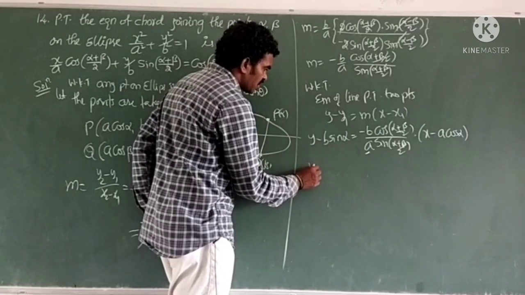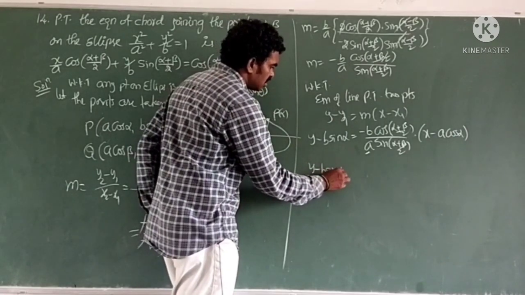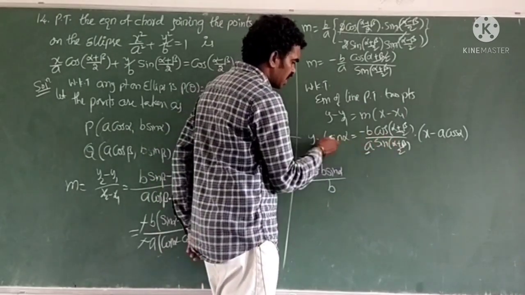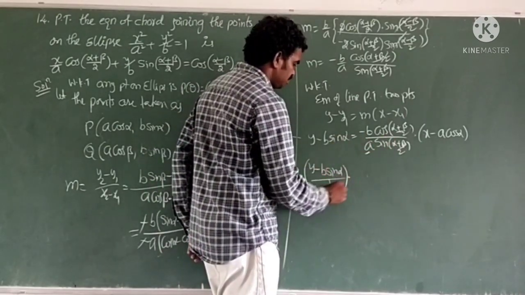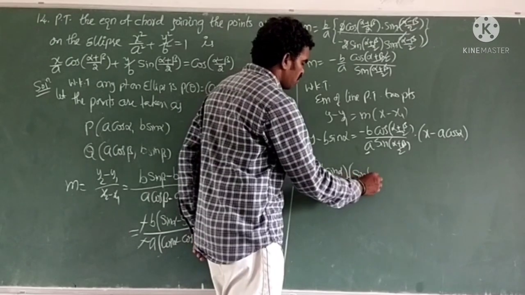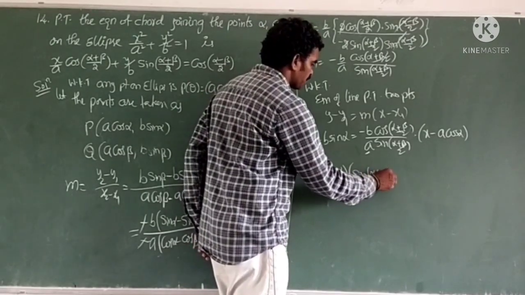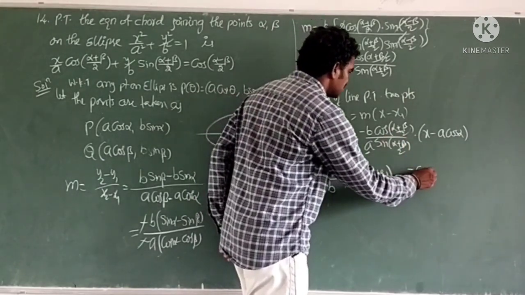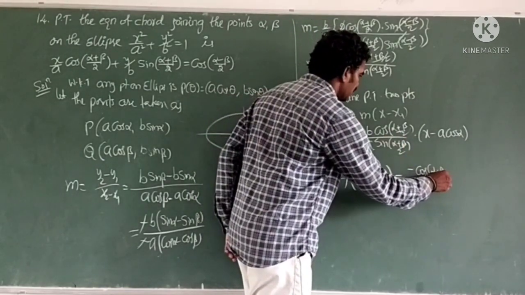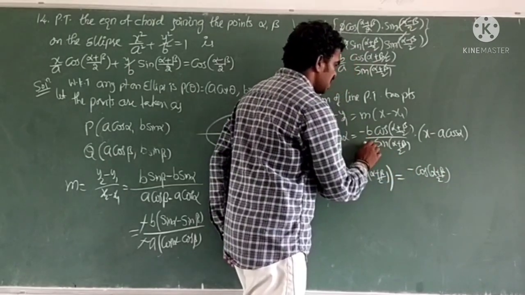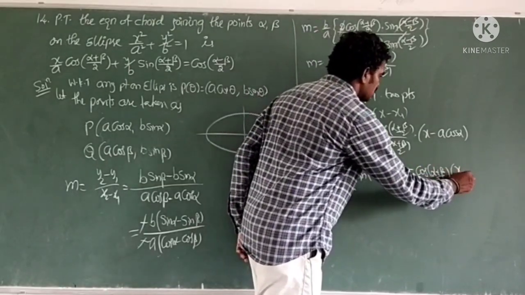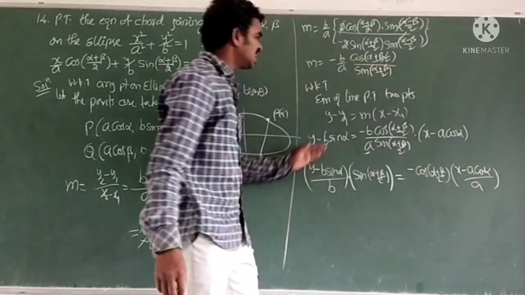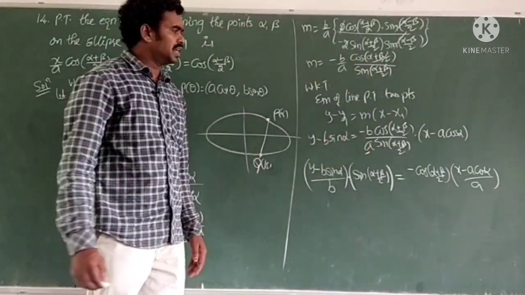So y minus b sin alpha by b, and this sin of alpha plus beta by 2 also bring to the left side, is equal to minus cos of alpha plus beta by 2, keeping the cos as it is, and a keep on the right side, so it becomes x minus a cos alpha by a. I just rewrote the same condition.